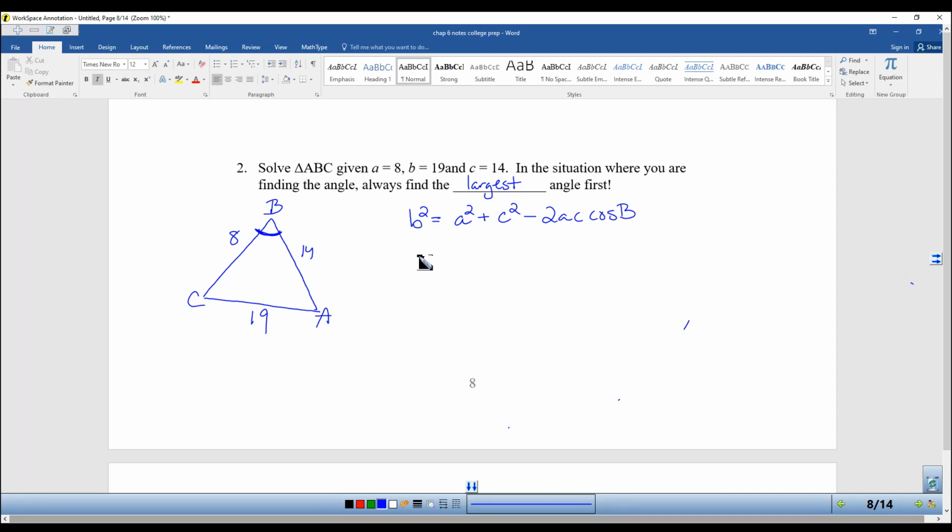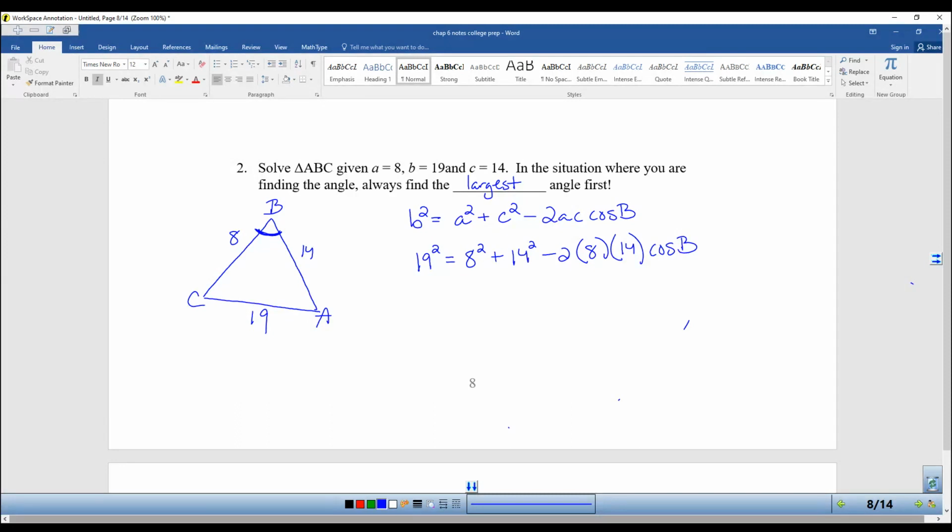But I would just plug it in now, and the fewer things I have to keep in my head, the better. A squared is 8 squared, C squared is 14 squared, minus 2 times A times C, and then cosine of B.